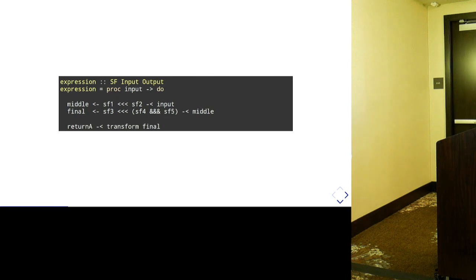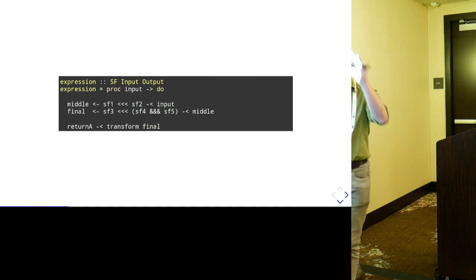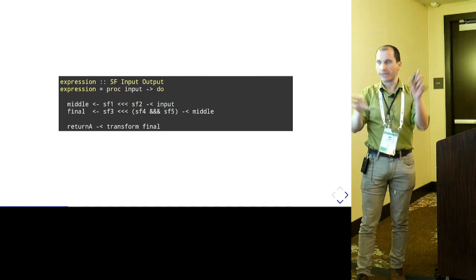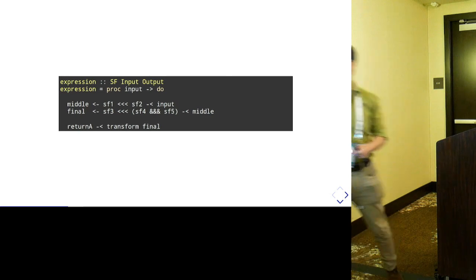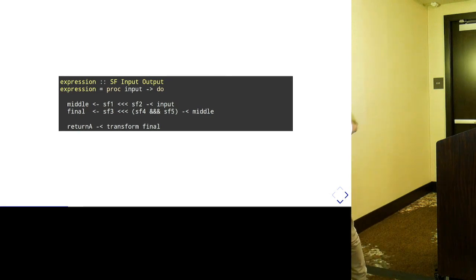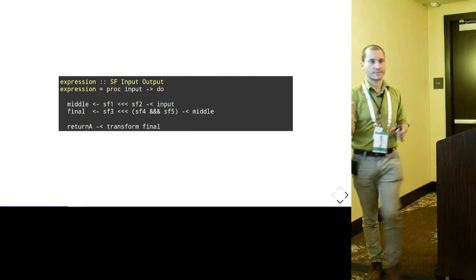So now you're defining a signal function in terms of these blocks, and the input to the big thing is called input, and then at the end, the output that you get from all of this transformation, you apply this function transform, whatever that is, and that becomes the output of the whole thing. So you have these building blocks, and then you connect things across, and you can apply signal functions, and you can also apply normal functions to these things. Does that make some sense?